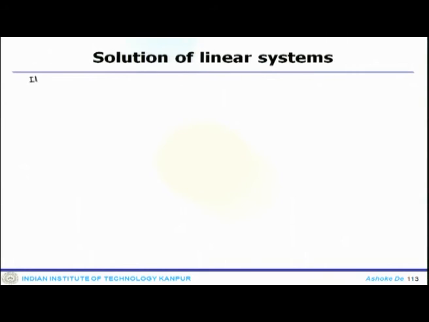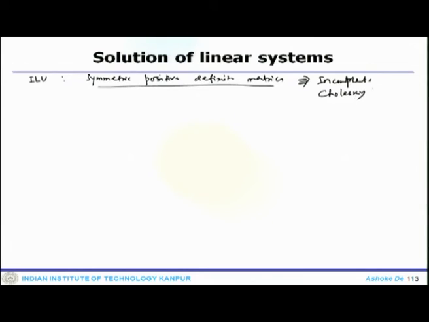Also, if you do this ILU factorization for symmetric positive definite matrices, it should be mentioned that the ILU decomposition of symmetric positive definite matrices is denoted by incomplete Cholesky factorization.